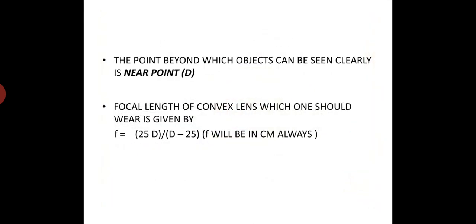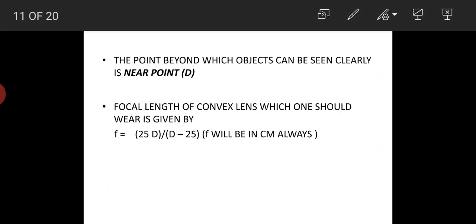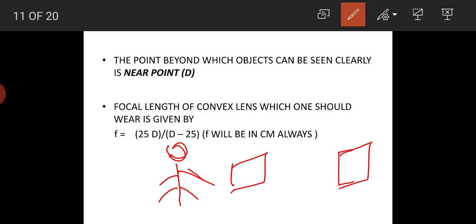The point beyond which objects can be seen clearly is called the near point. We already know that if a person is suffering from hypermetropia, he can see far objects clearly, whereas he cannot see the near objects clearly.